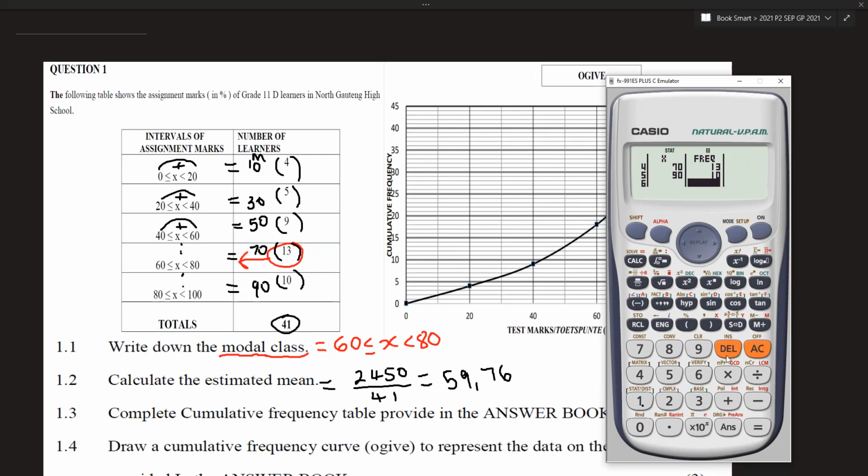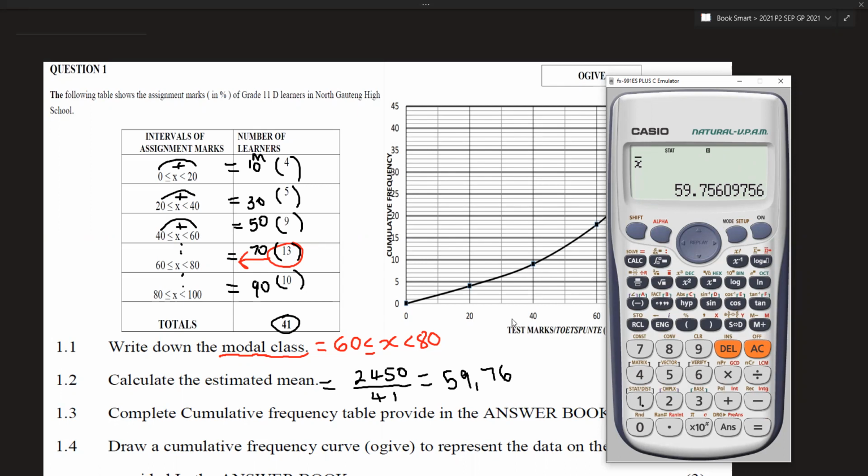That should give us the complete table. Then you press AC, shift, statistics, variance. Remember, x with a line on top is your mean. So you press 2 equals, which is still the same answer as that one. So it's good to know the table method and the calculator method.